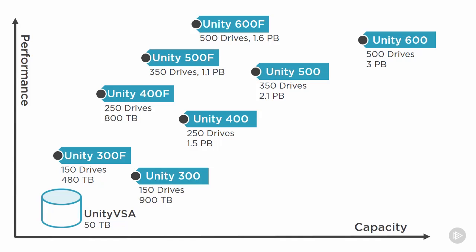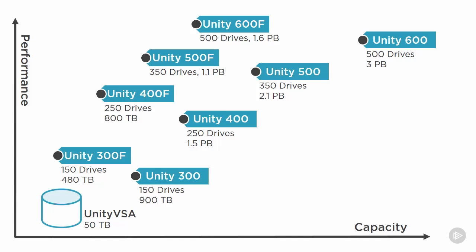If we continue to look at the Unity family and we jump to the Unity 300, the first physical appliance that's available, it's 150 drives for each one of the units, both the all flash and hybrid. The difference is the total amount of capacity. Because the all flash array has smaller drives that are available, it cannot reach the same capacity as the Unity 300.